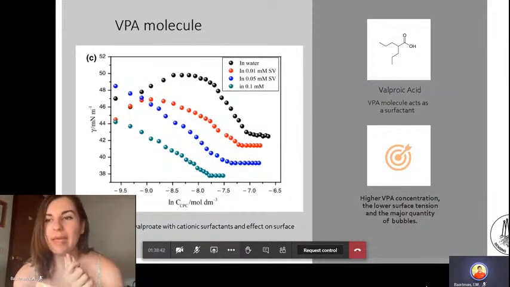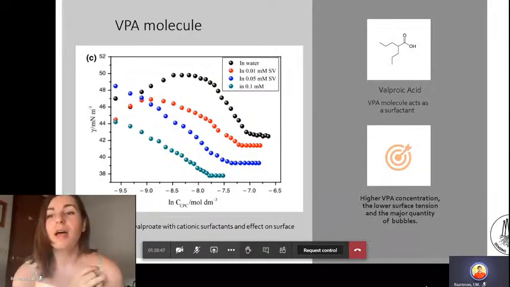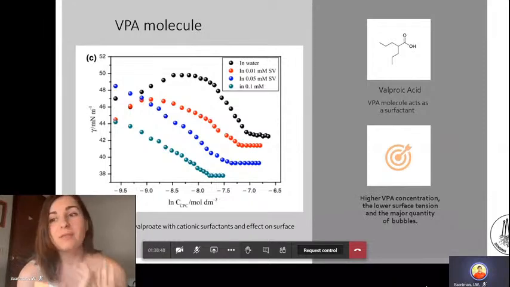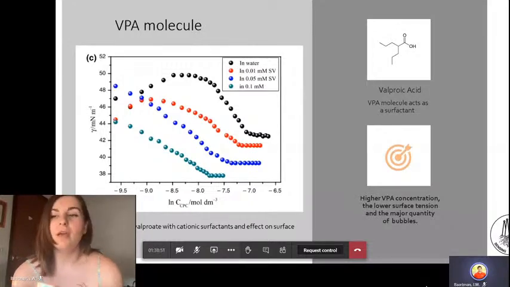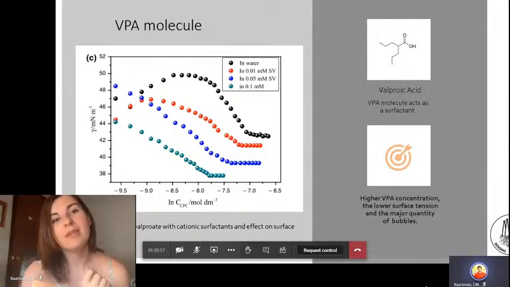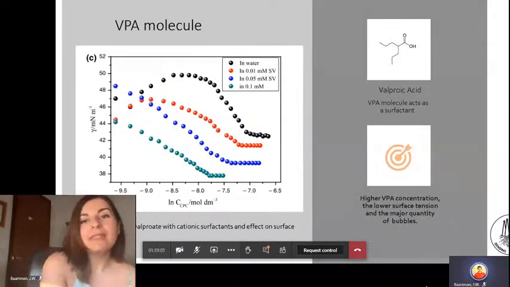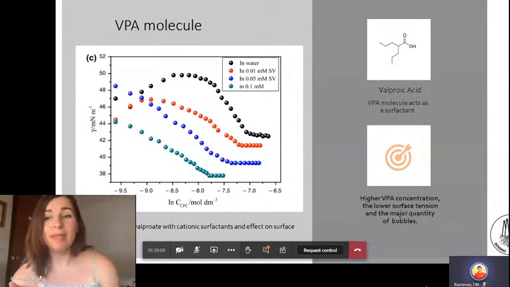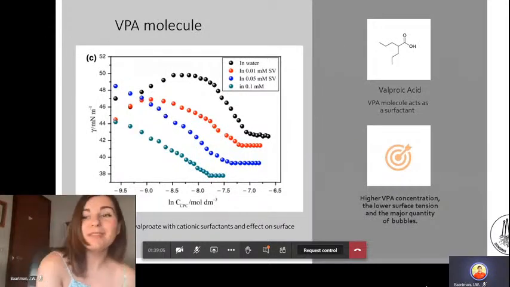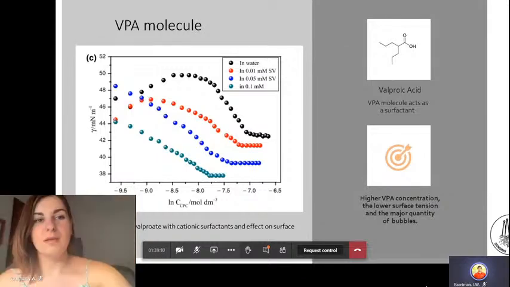This critical size depends on the surface tension of the solution. Lower surface tension means the bubble reaches critical size faster, so bubble frequency increases when decreasing surface tension. Therefore, we can say the higher the BPA concentration, the lower the surface tension, and the greater the quantity of bubbles.